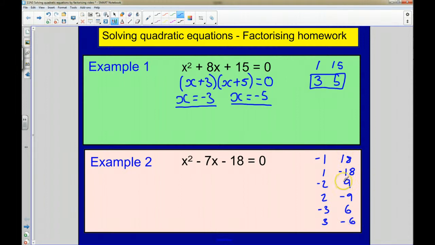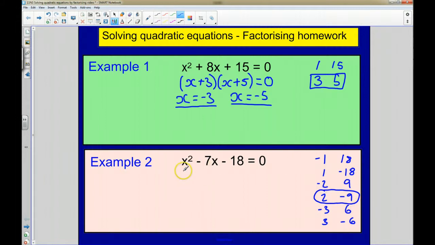Now these are all the factor pairs, and I'm looking for a pair of numbers that are going to add together to give me negative 7. So these two add together to give me 7, whereas these two here add together to give me negative 7, which is what I want.